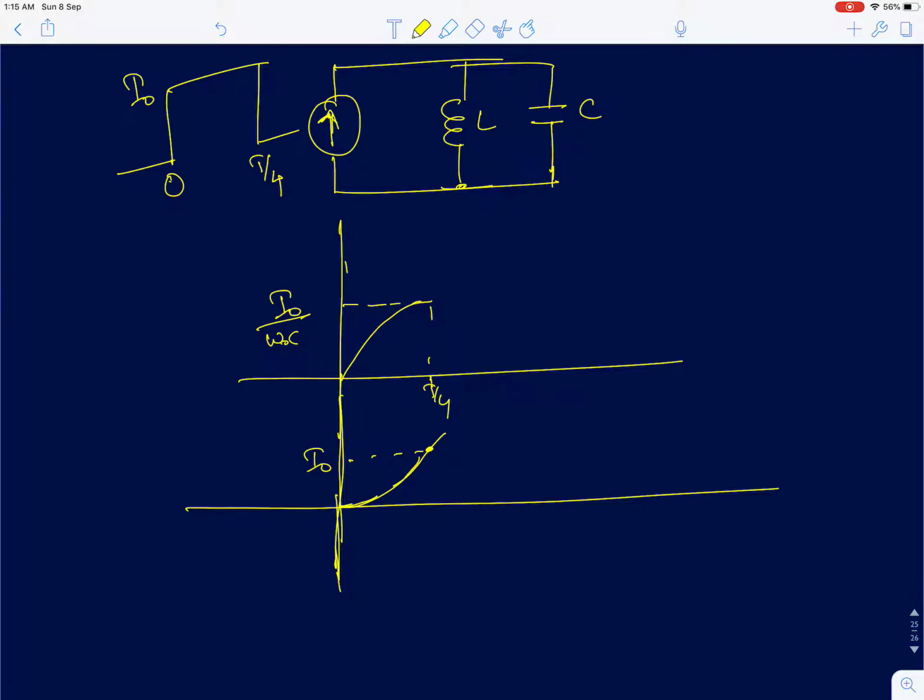At this point, I am going to suddenly make the input go to 0.